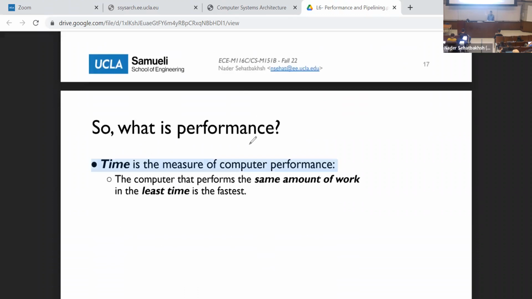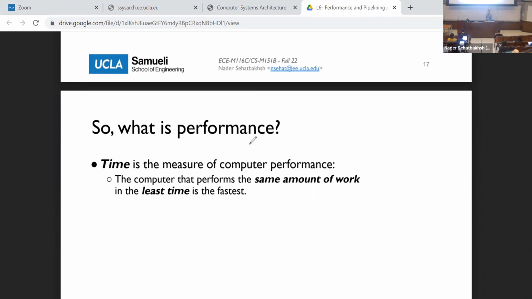Now that we understand that there is latency and there is throughput, let's think about performance in general and how we actually measure it. As I said, generally the way that we measure performance is by time, or in other words, by latency.